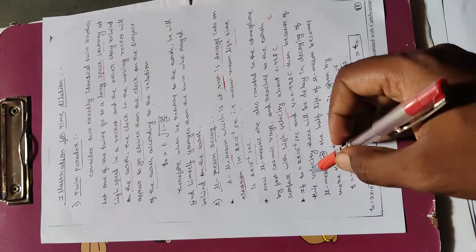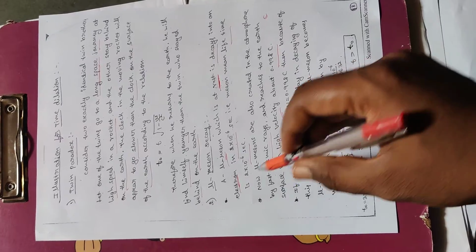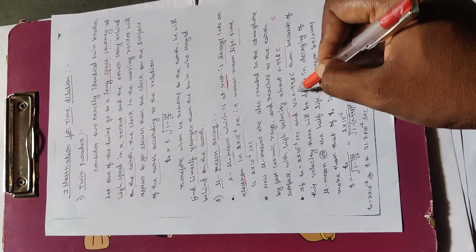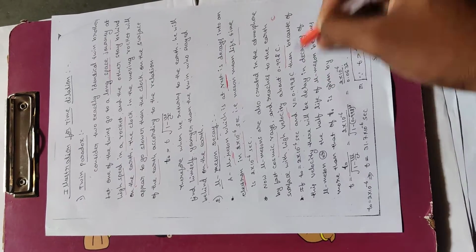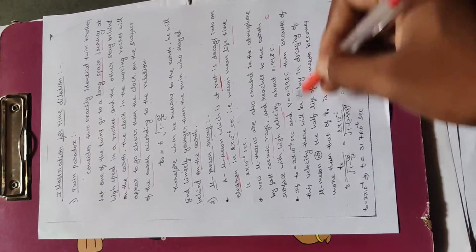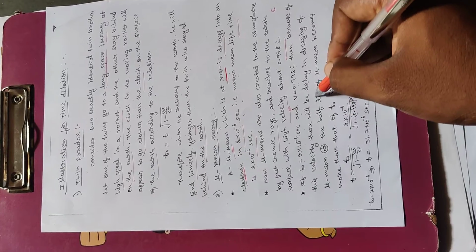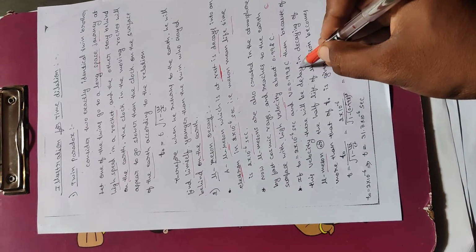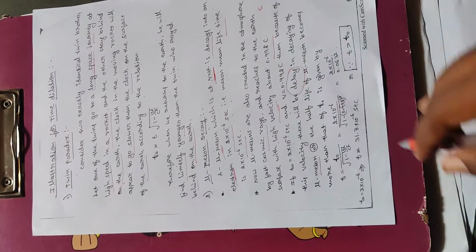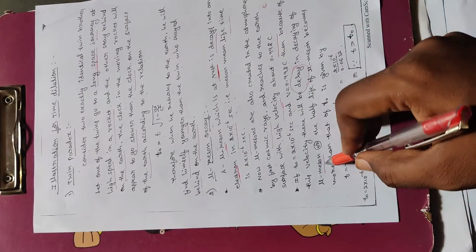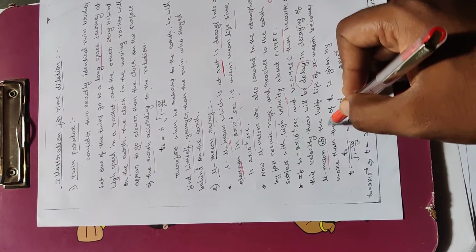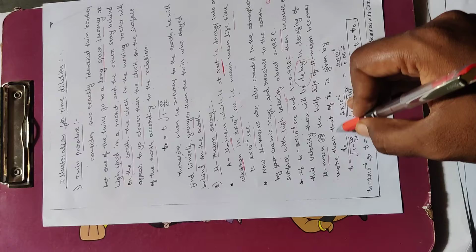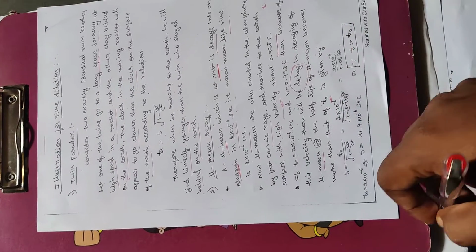Almost equal to c, right? If t naught is equal to 2 into 10 raised to minus 6 seconds and velocity is 0.998 c, then because of this velocity there will be a delay in the decaying of mu mesons, or the lifetime of mu mesons becomes more than t naught.